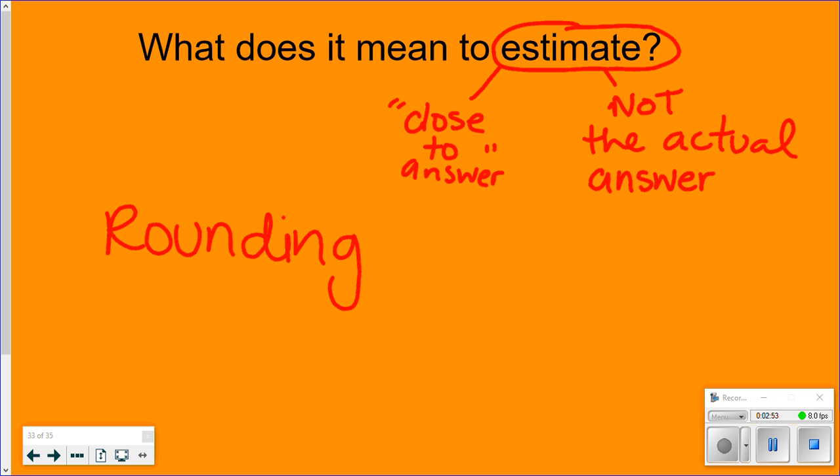We go to the nearest 10 or the nearest 100. Remember rounding on a number line?